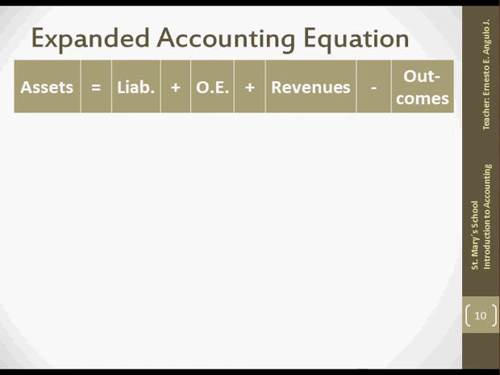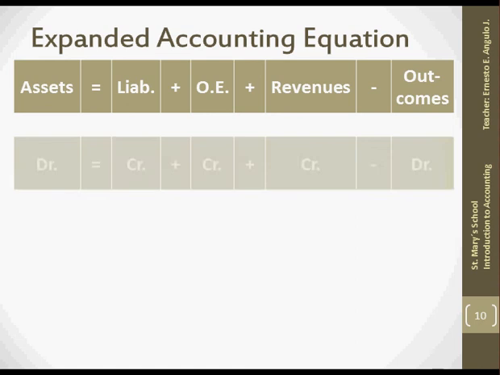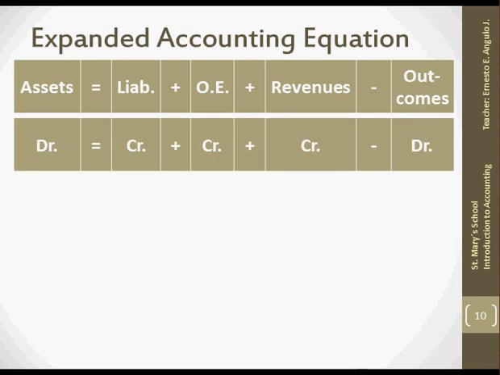If you remember this, it will be easier for you to remember the side used to increase each group of accounts because the extremes increase by the debit side while the center increases by the credit side. That means assets and all outcomes, both costs and expenses, increase by the debit side. Liabilities, owner's equity, and revenues increase by the credit side.